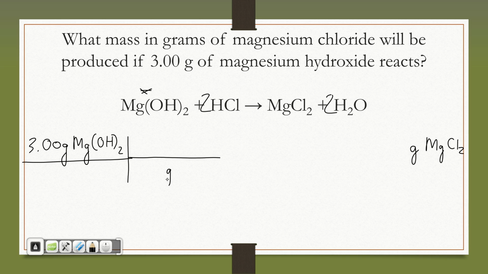So I'm coming from grams of Mg(OH)2, going to moles of Mg(OH)2, 1 mole, Mg(OH)2, 24.31 plus 2 plus 32. I'm getting 58.33.